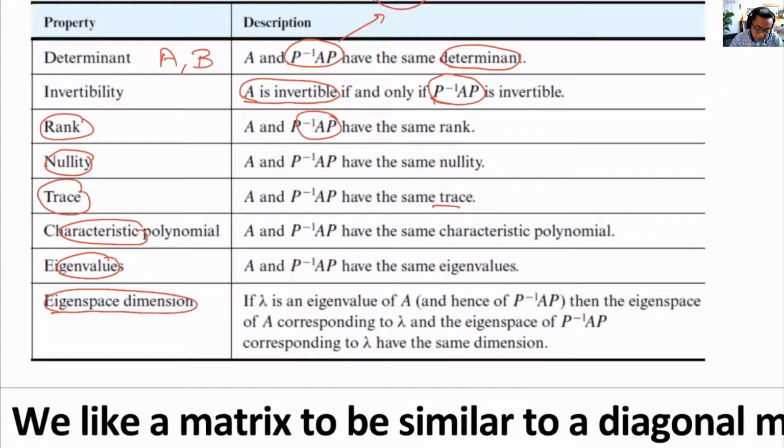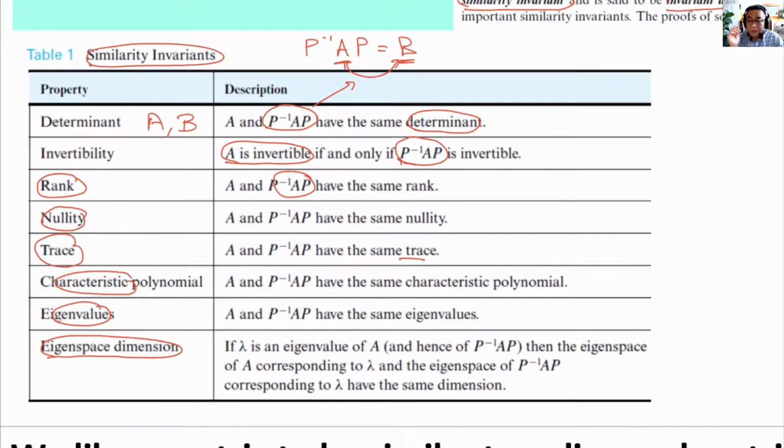Okay, so you realize that if we are studying A and we can convert it to B, then B has so many similar properties to A that if B is a very simple matrix, then many things can be revealed.